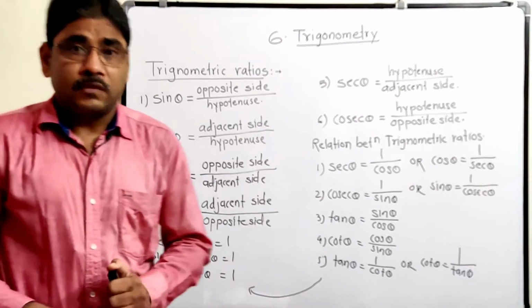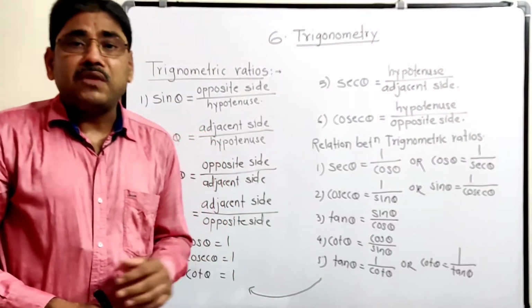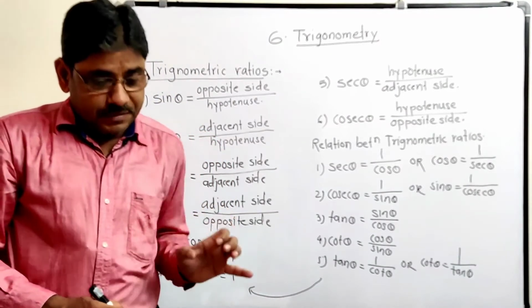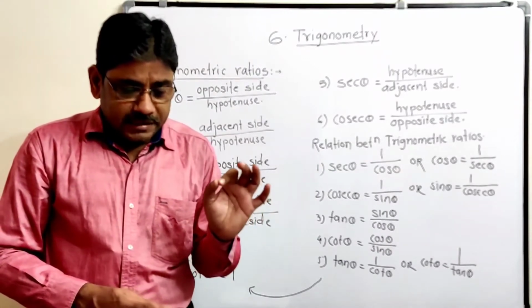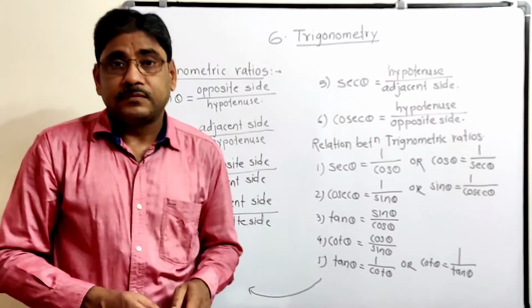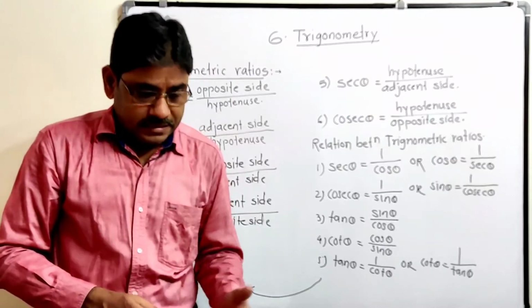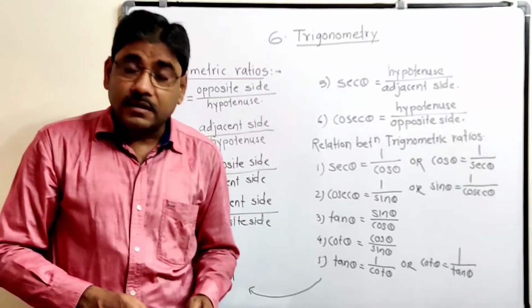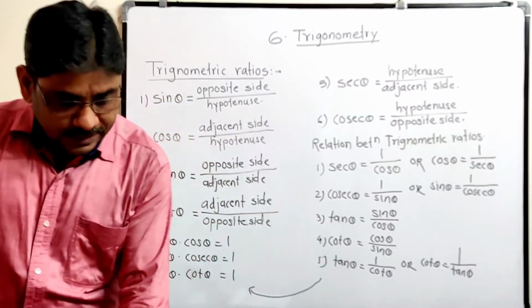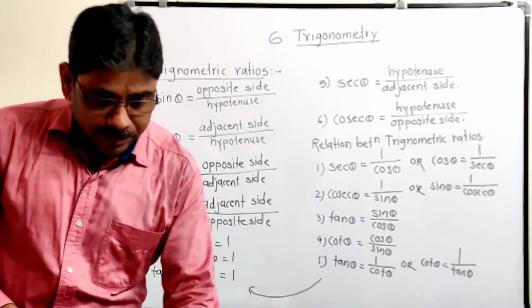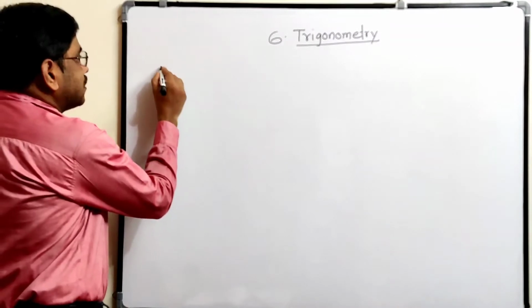Now here, for more information, one important box is given. So read that box. The great Indian mathematician Aryabhatta. The information about Aryabhatta is given here. So read the contribution of Aryabhatta in mathematics.